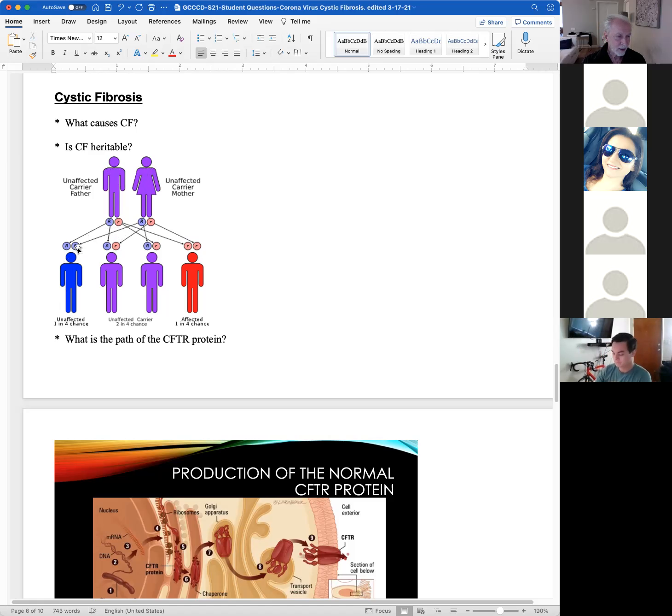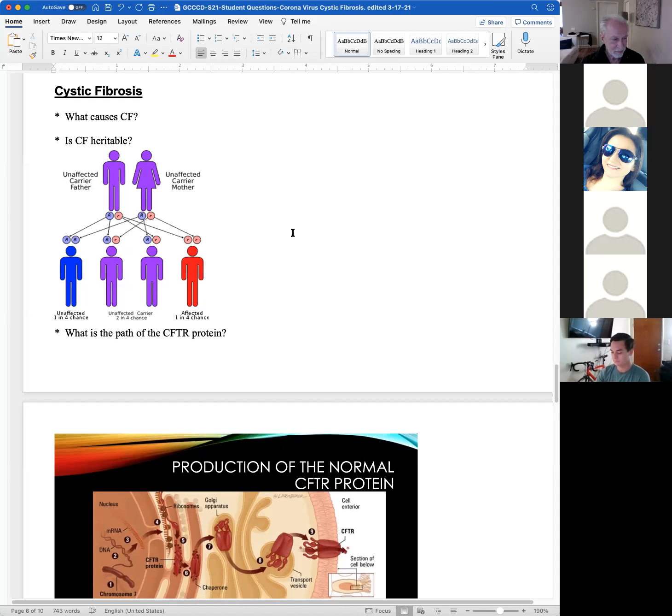They'll have wild type genes and therefore have no cystic fibrosis. 50% of the children will have one copy good and one copy mutated, so they will be carriers, but they'll have no symptoms. And then 25% of the progeny got two copies of the mutated gene. They're the ones that show symptoms. So that's how cystic fibrosis is inherited.